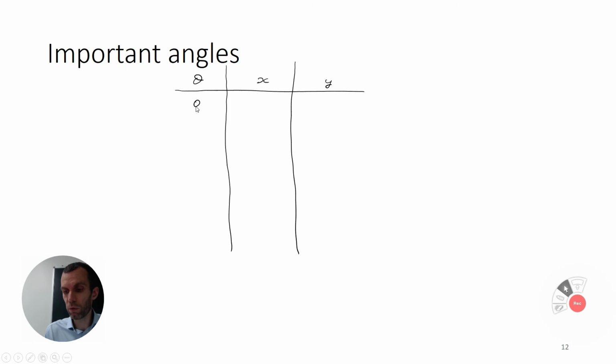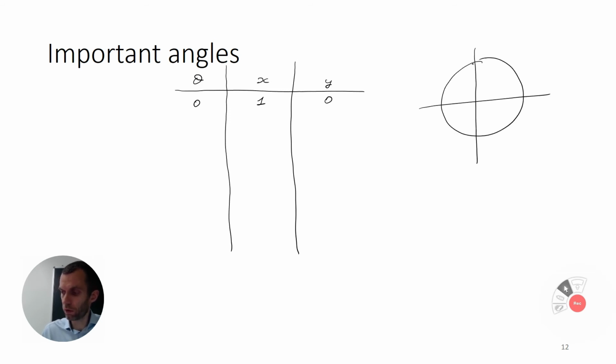So for theta equal to 0 radians, we've already seen that x is 1 and y is 0. So let me just draw the trigonometric circle here to make sure that we have everything lined up correctly. So we're given theta and we want to find x and y. So theta 0 is 1 and 0. Pi over 6, we just did: square root of 3 divided by 2 and 1/2.